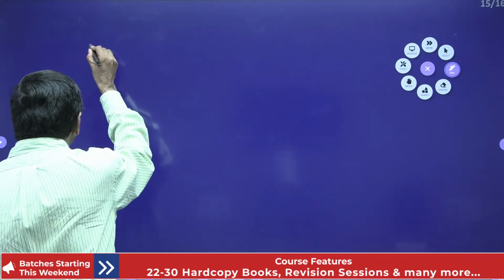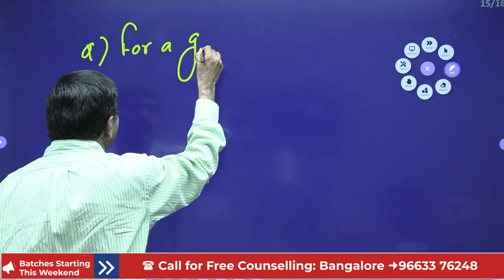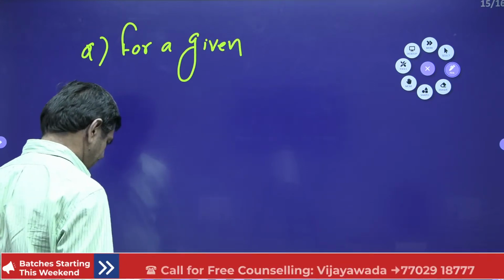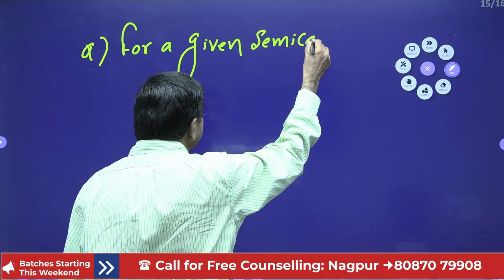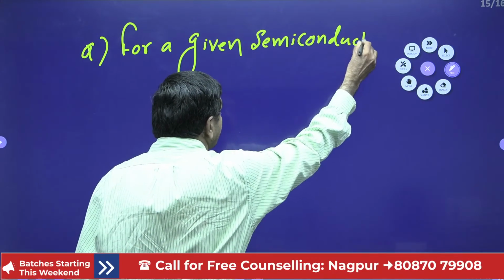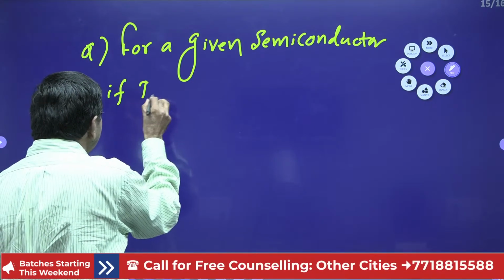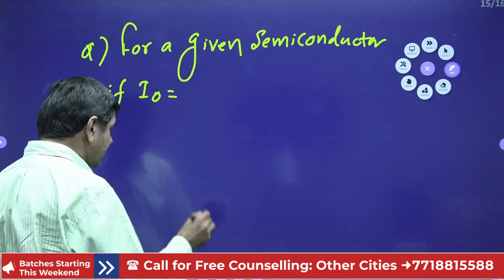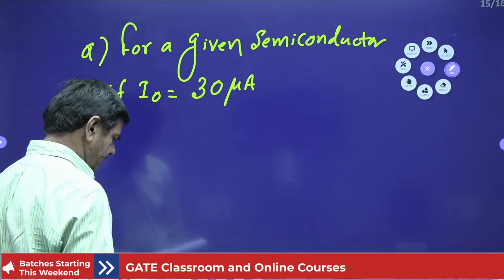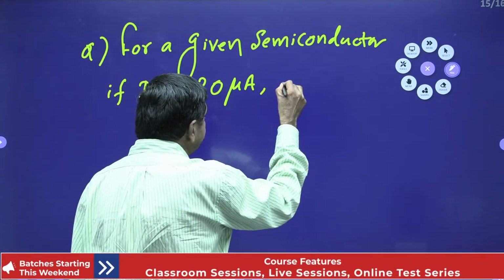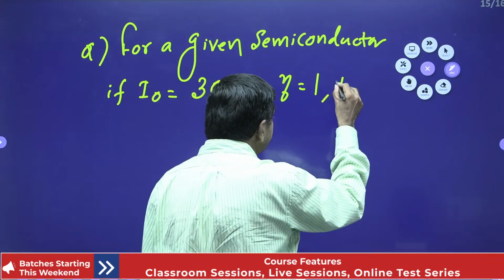For a given semiconductor, if I naught equal to 30 microamperes, eta equal to 1, T equal to 125 degrees centigrade.